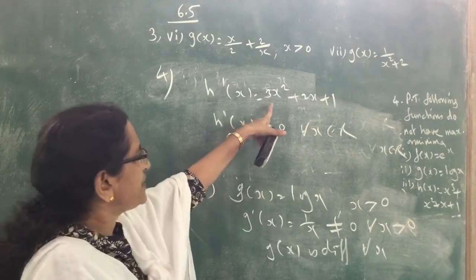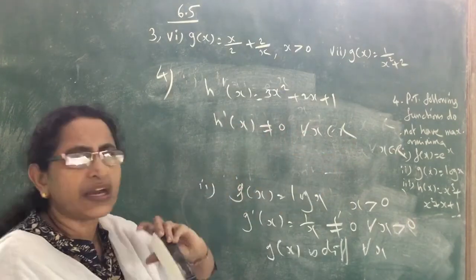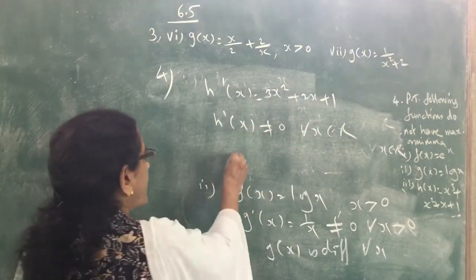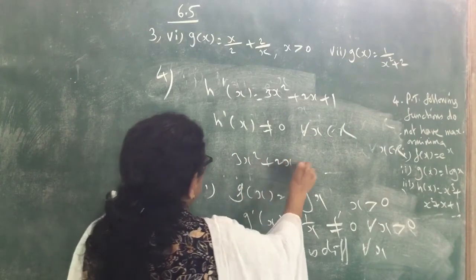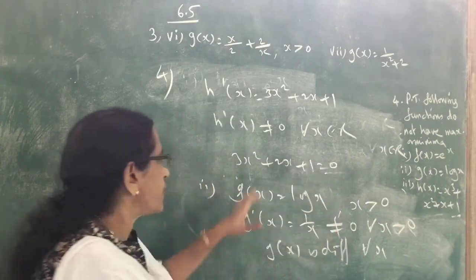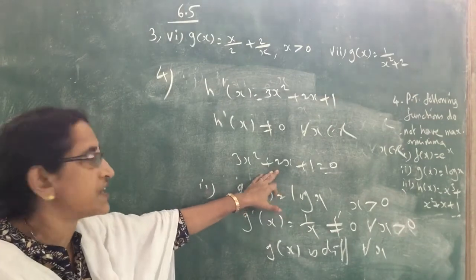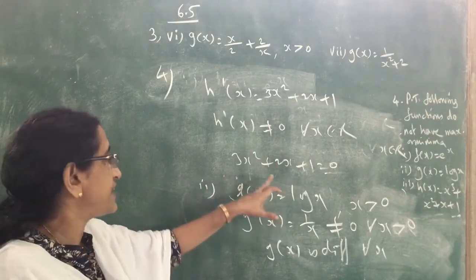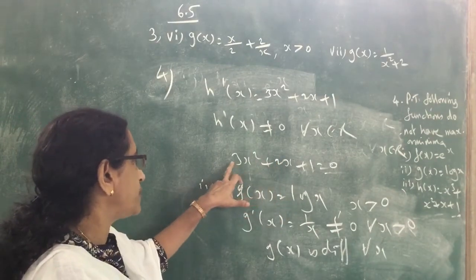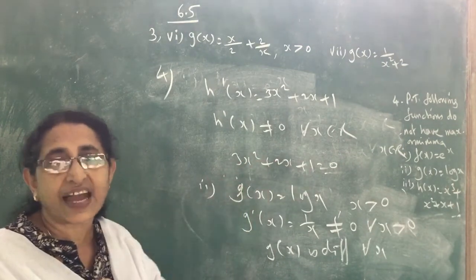Because there is no value of x satisfying 3x square plus 2x plus 1 equal to 0. In this quadratic equation, b square minus 4ac, that is 4 minus 4 into 3 into 1, is less than 0, negative.